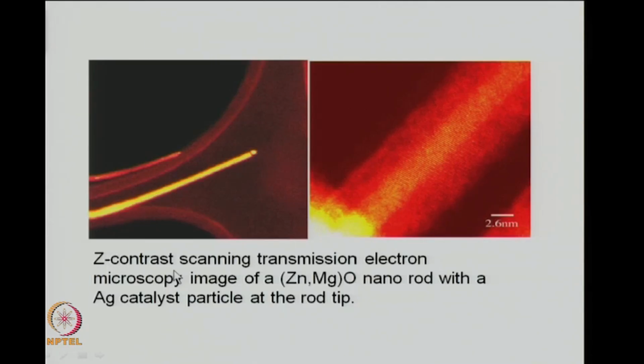This is called Z contrast because the contrast is made by the atomic number. So, if you have a difference in atomic number, then you will see a contrast.